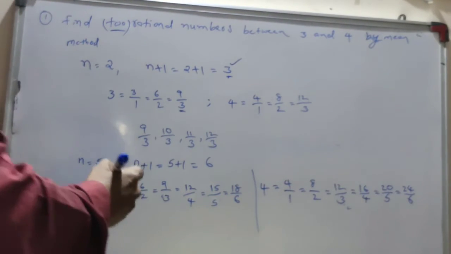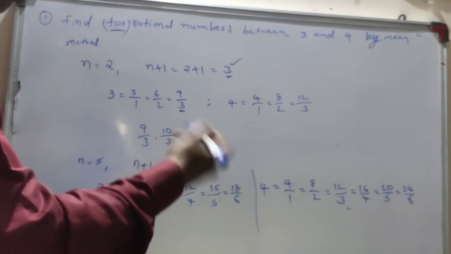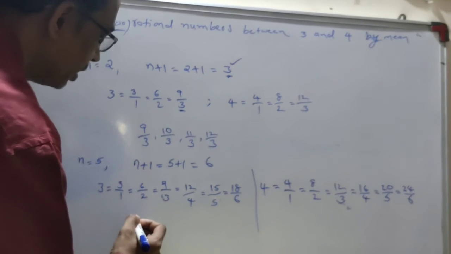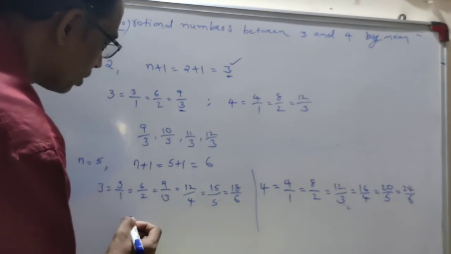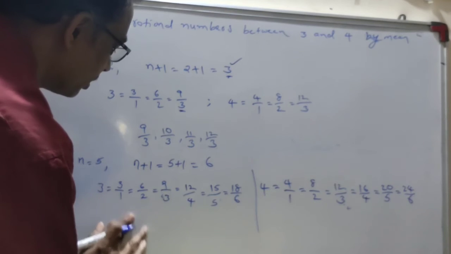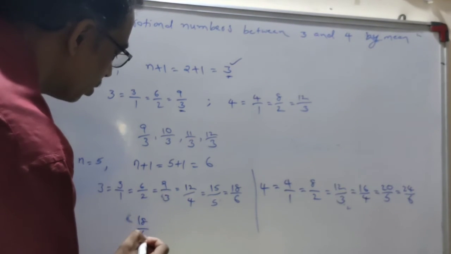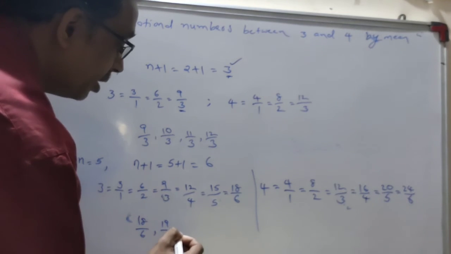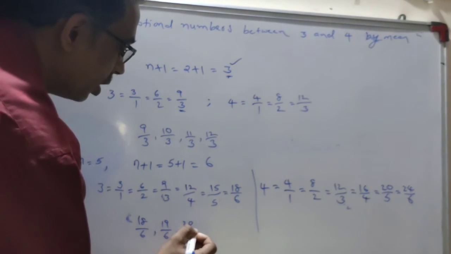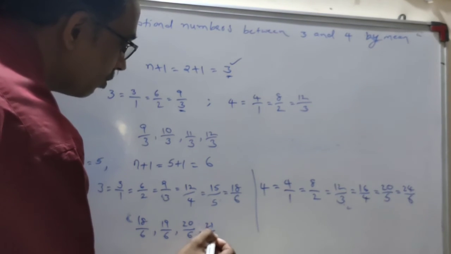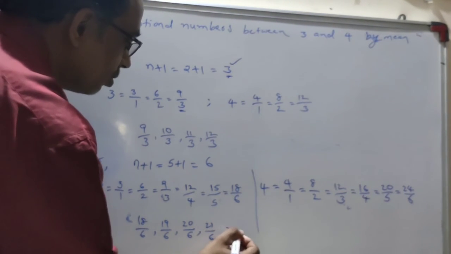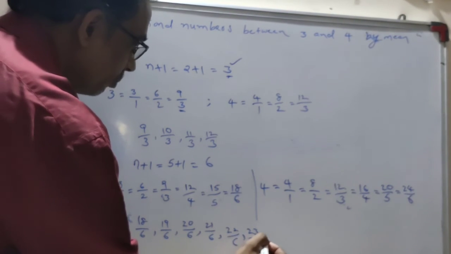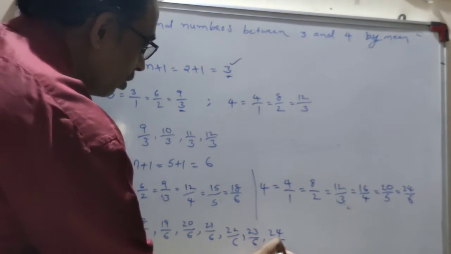So now let us try to find the rational numbers in between 3 and 4. For that, first of all we need 18 by 6, which is equal to 3, and after 18 by 6 you can write 19 by 6, next 20 by 6, next 21 by 6, next 22 by 6, 23 by 6, 24 by 6.